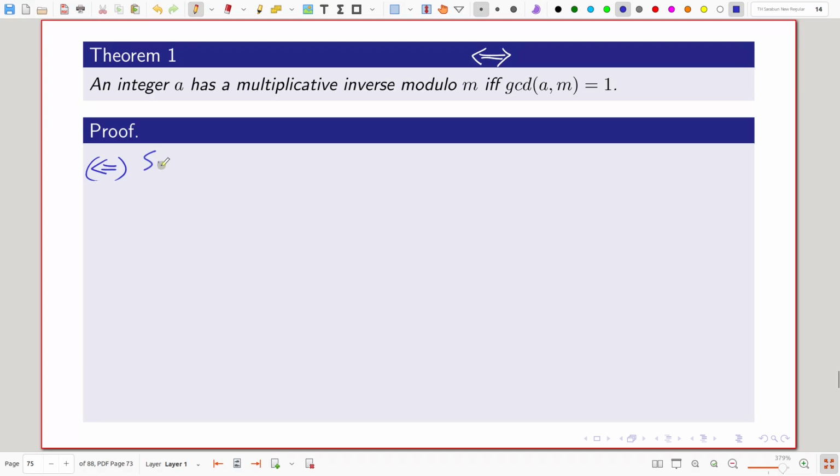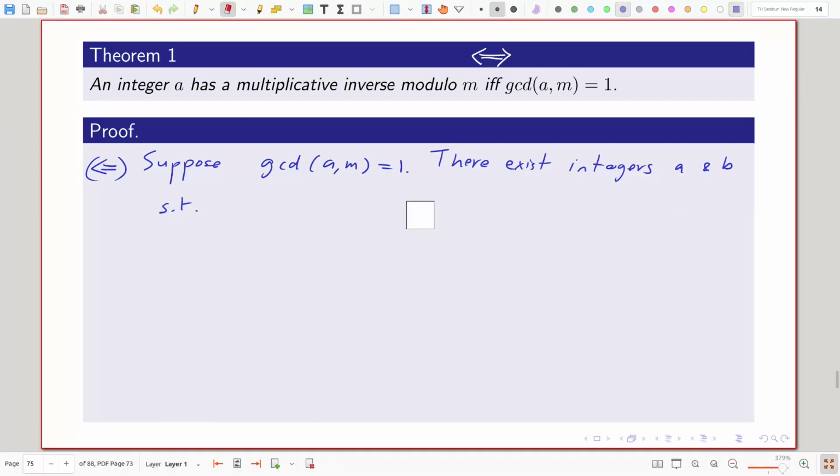Okay. So suppose GCD of A and M equals 1. We know that there exist integers, from the extended GCD algorithm that we've just shown. So there exist integers, let me use something else, since M is already there.